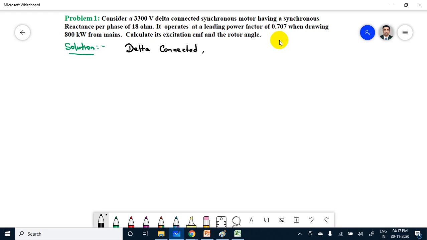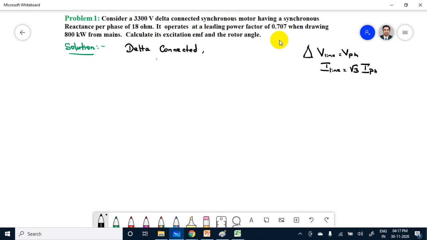You already know that in delta connection, V line equals V phase, the line voltage is equal to V phase, but I line equals root 3 into I phase. This is the formula I am going to use. What is my line voltage? Whatever values are represented in the problem are line values.